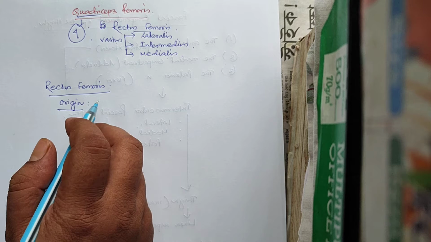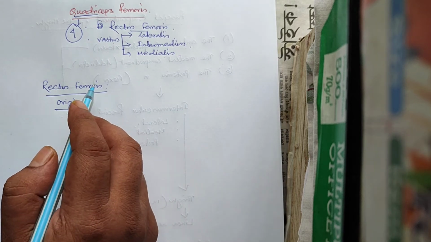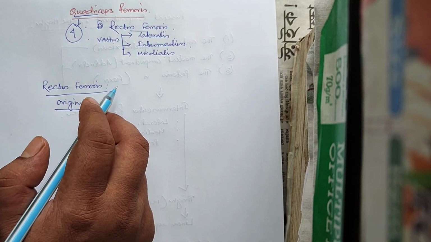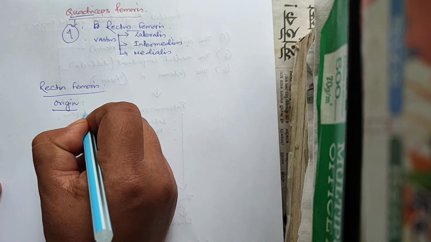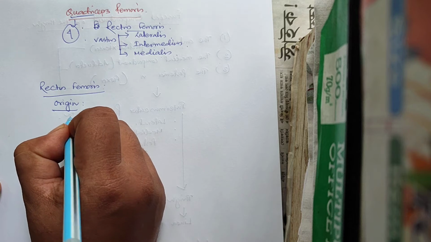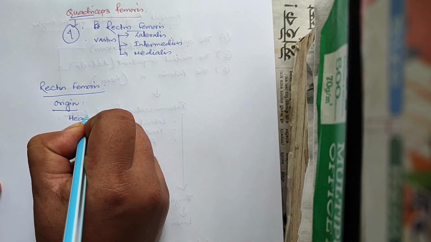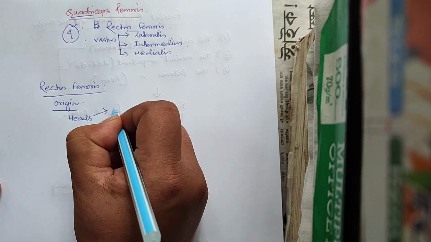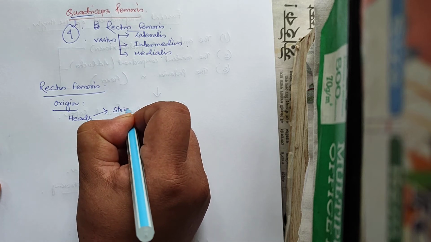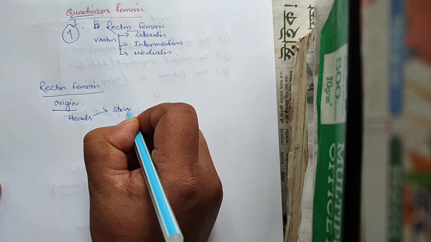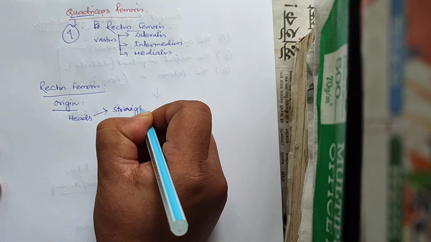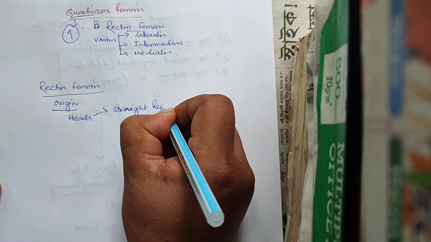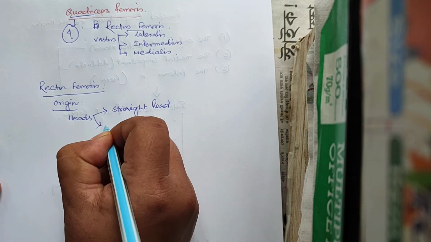In the case of rectus femoris, there are two heads. One is the straight head and another one is the reflected head.